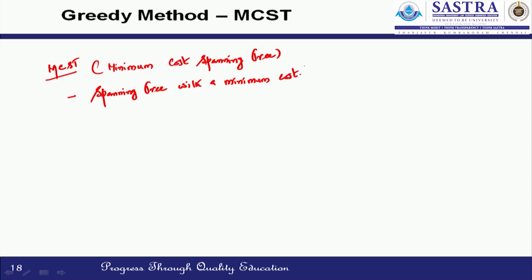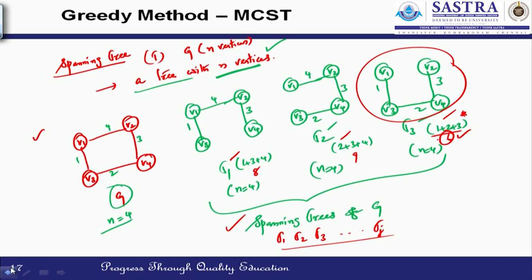So given the weighted, connected, undirected graph G like this, we can have several spanning trees. Each spanning tree can have its own total cost.